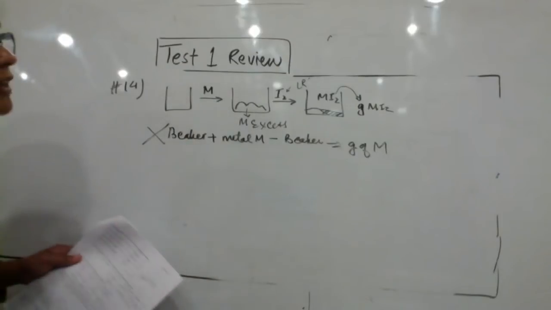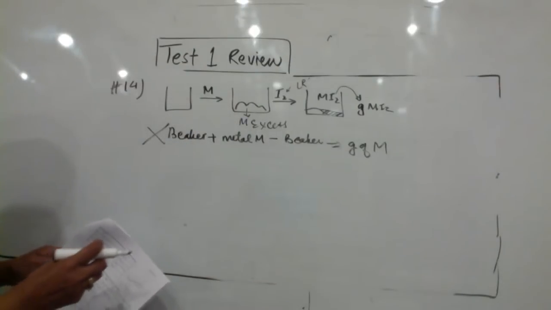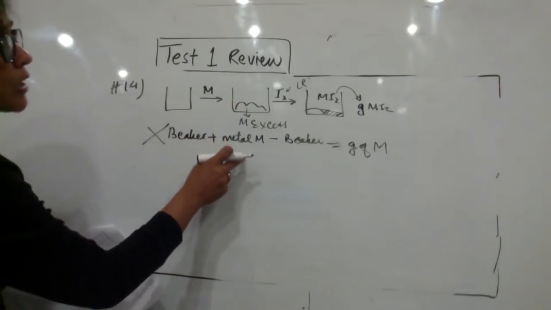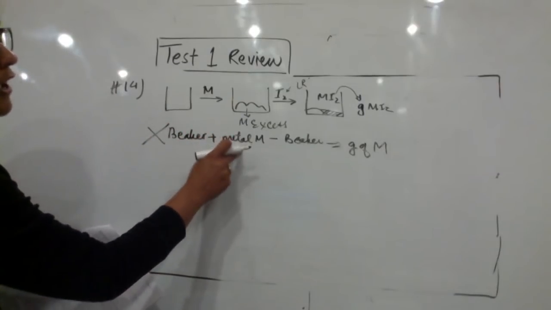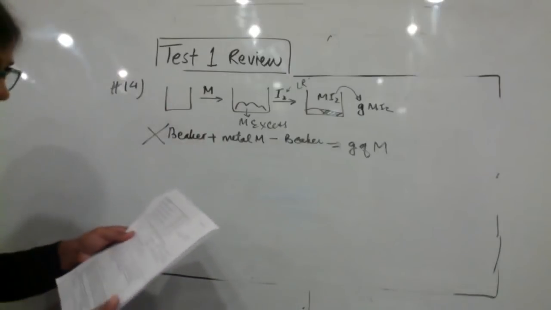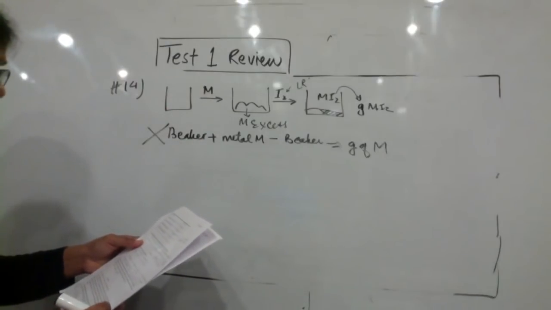Remember, there was leftover M. All of the I2 was gone. So really, to get grams of M, you have to do something else. We'll talk about it, okay?